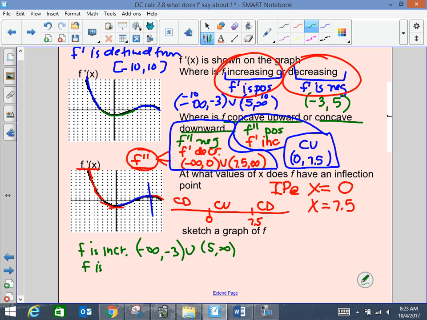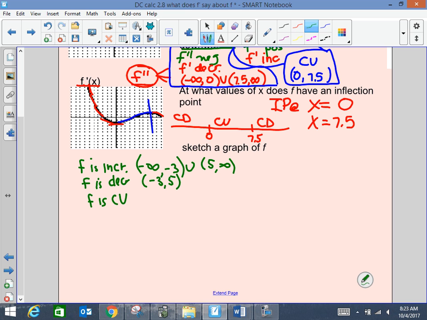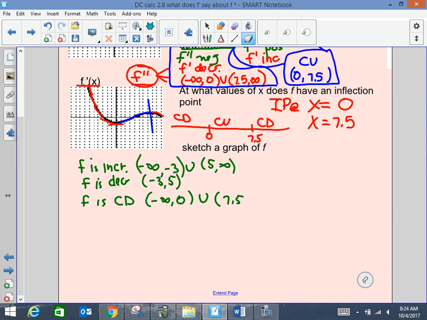Decreasing from negative 3 to 5. Concave up, 0 to, actually I'm going to start with concave down because that's at that other end. Negative infinity to 0, and then again at 7.5. And then concave up in between there.